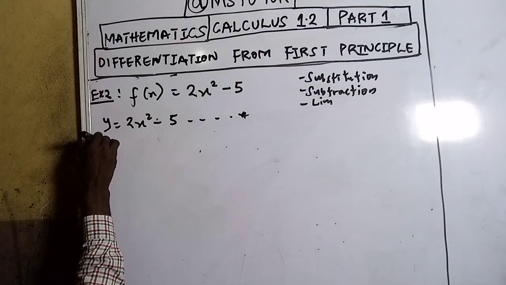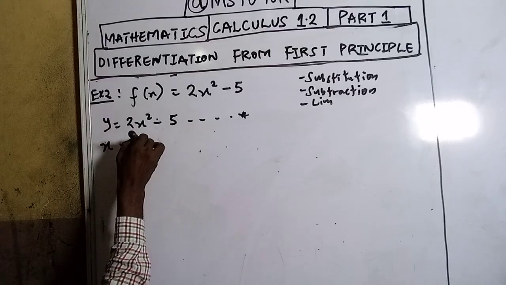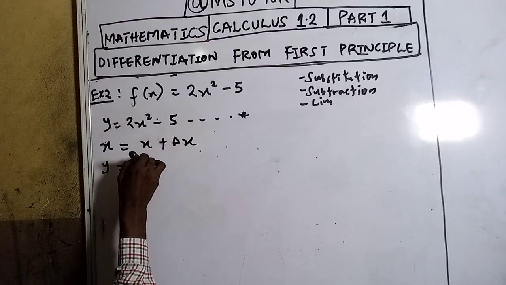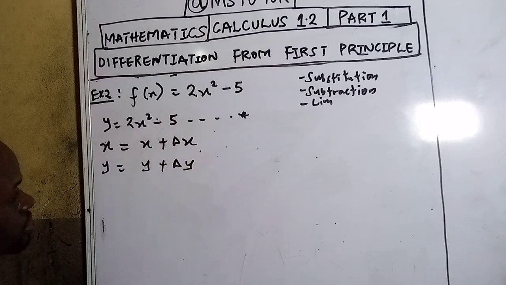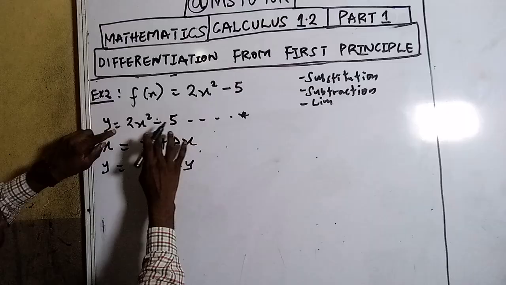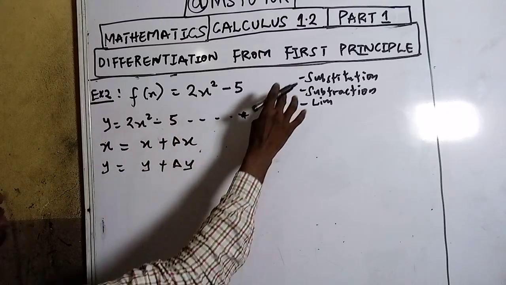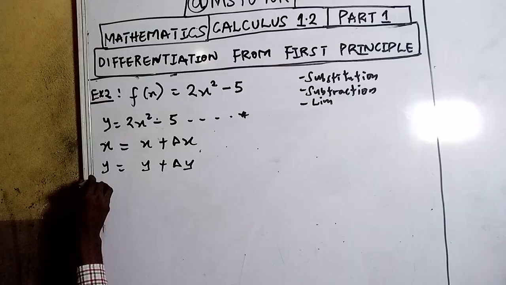So we can say that x becomes x plus dx and y becomes y plus dy. We're going to substitute wherever we see y, this will come, and wherever we see x, this will come. This is the substitution stage. So what do we have?